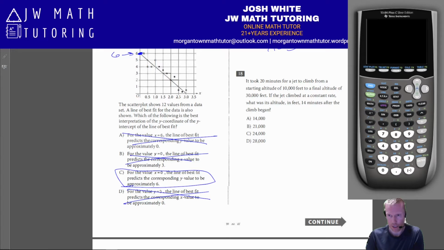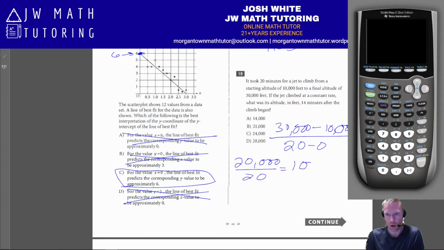So basically all we do is find the slope, or the rate of change, which is 30,000 minus 10,000 over essentially 20 minus 0, because 20 minutes is the time period. So it changed 20,000 feet in altitude over a period of 20 minutes. That means its rate of change was 1,000 feet per minute.